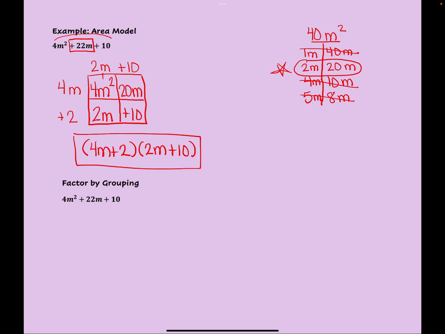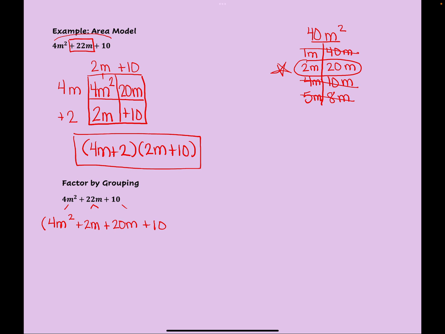Okay? All right, so let's do that again, but this time with factoring by grouping. So I'm going to keep the first term. The second term, I'm breaking up into positive 2m, positive 20m, and then keep the last term, positive 10.